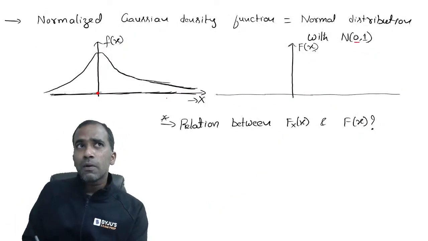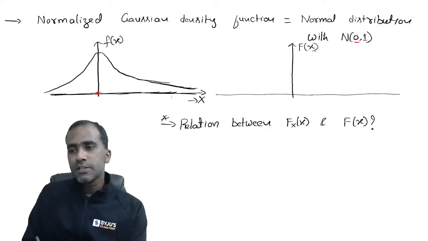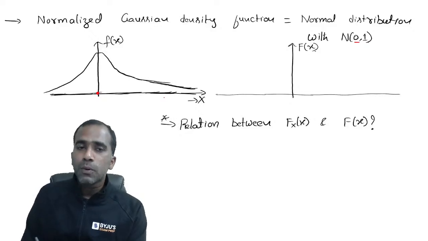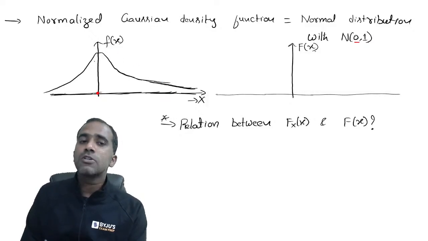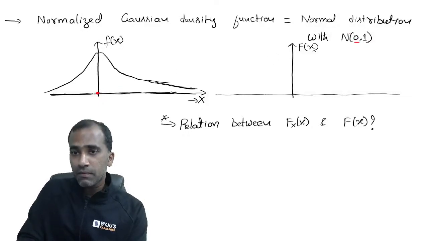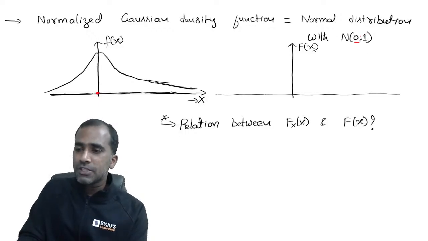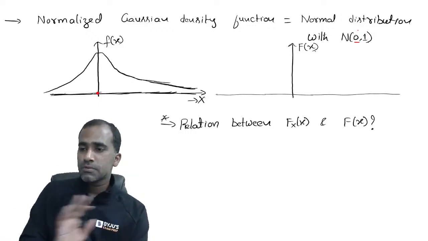Since it's difficult to provide tables for every possible combination of mean and variance, they provide tables only for the normalized Gaussian distribution, with mean 0 and variance 1. Using that information we can extrapolate for other Gaussian distributions also.